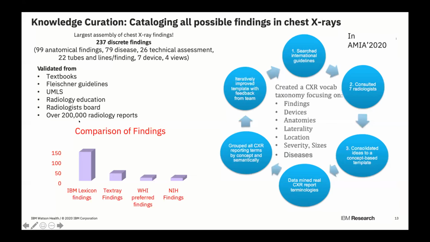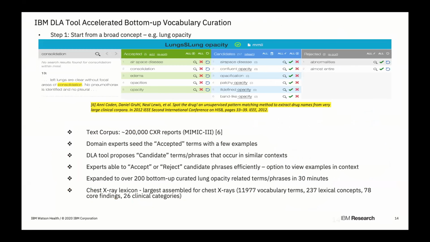So you can see over here that the generation of the findings took both top-down knowledge from the clinicians and guidelines, but also bottom-up extraction by mining about 200,000 reports, where we used a tool that has an active learning capability, where you use self-supervised learning methods for encoding of text and use that for expansion of similar terms.